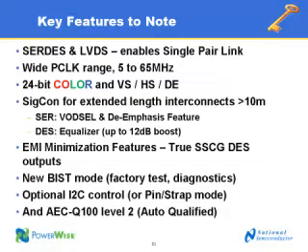Before we go into detail on some of these features, let me just talk about what the key features are. We've got the SerDes and LVDS, which gives us the single pair link. And we have to remember that that's really the key feature for the automotive application. We've got the wide pixel clock range going from 5 to 65 megahertz, 24-bit color support with the vertical sync, horizontal sync, and data enable built into the signaling.